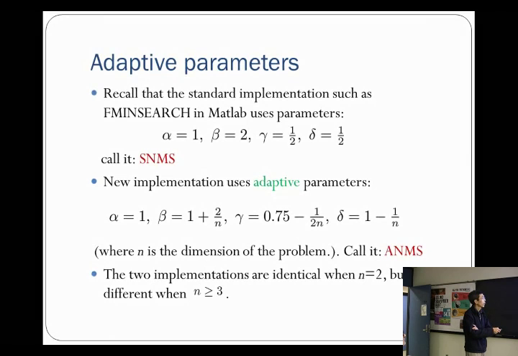This is shrinkage. Yes, these two parameters will keep the next simplex bigger. But this one is not that case, because this is the expansion, right? If n is bigger, this is 1. This one is 2. So for the expansion step, I don't expand too much. I'm more conservative and do a smaller expansion.